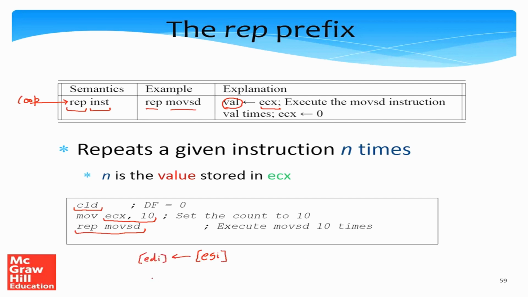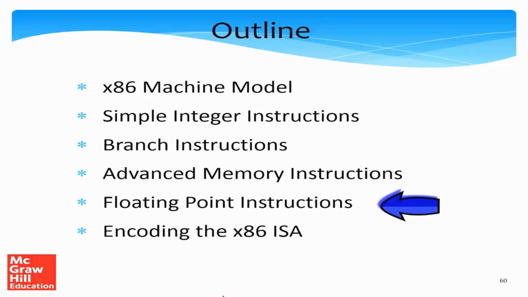Since DF is 0, ESI will be set to ESI plus 4, and EDI will be set to EDI plus 4. And we just need to execute it 10 times and we are all done.